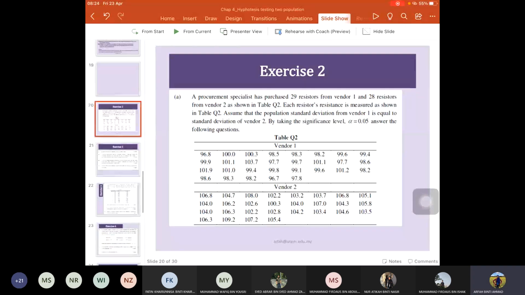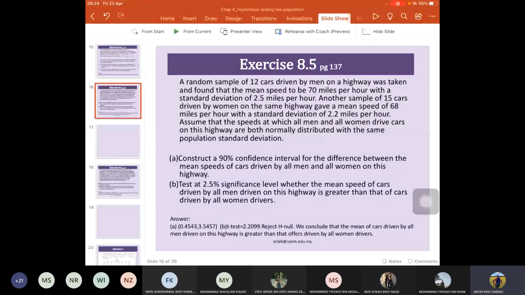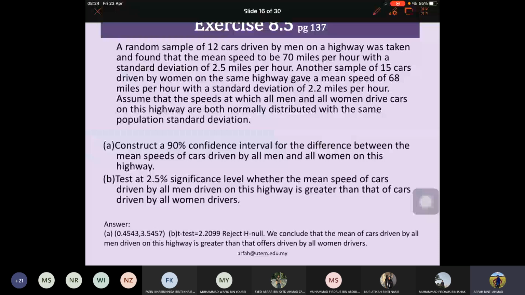So take a look at exercise 8.5 from current. So dia kata a random sample of 12 cars driven by men on a highway was taken and found that the mean speed to be 70 miles per hour with a standard deviation of 2.5 miles per hour.